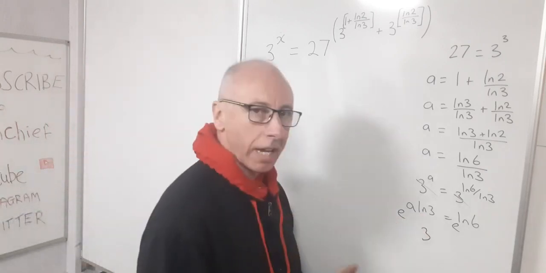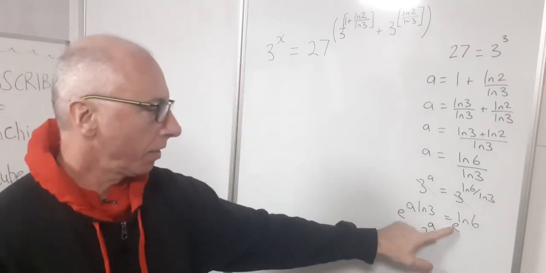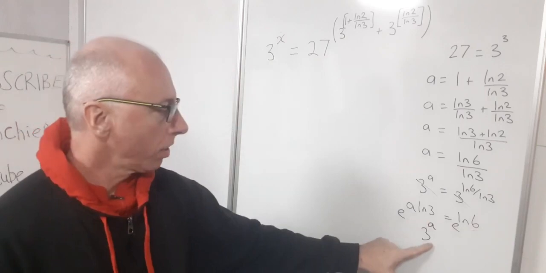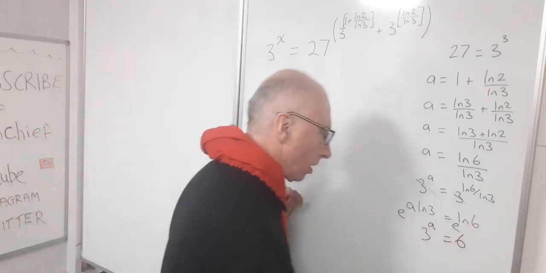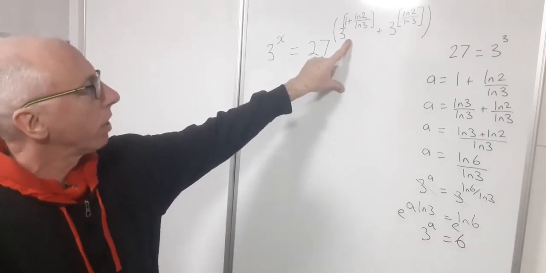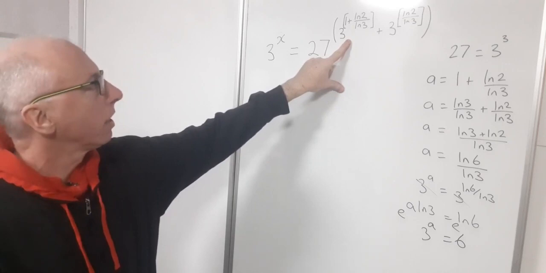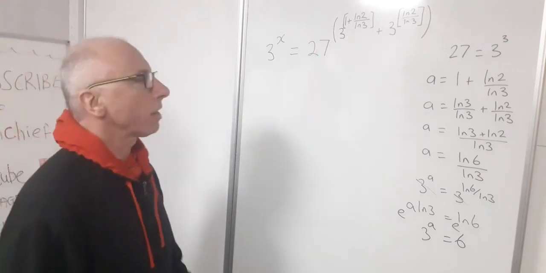It's not going to give me 3a, it's 3 to the power of a. Now here I've got e to the ln of 6, so 3 to the a, that's just going to give me 6. So now I've eliminated that. This here, raised to the power of 3, that's just going to give me 6. So that's what that is there.